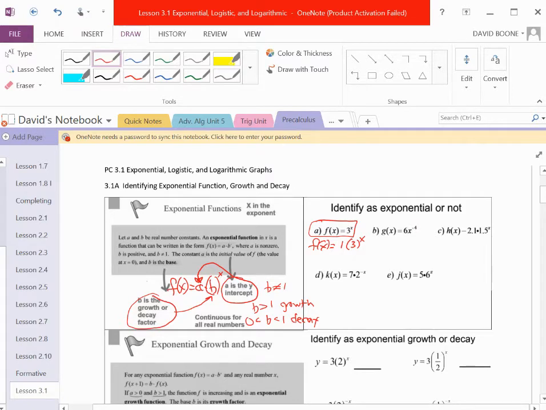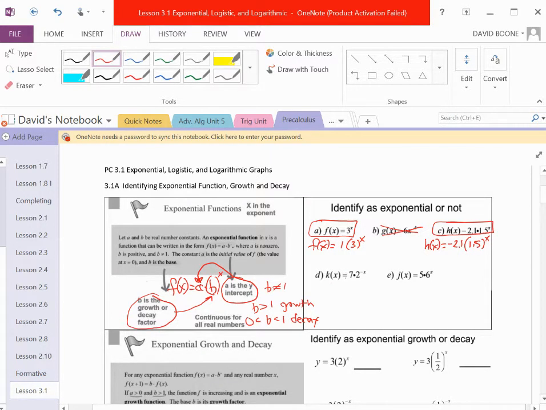This one is not, because the x is not in the exponent. This one right here, we can parse it out a little bit. This is h of x equals negative 2.1, that's the a value, times 1.5 to the x. That certainly is. It'd actually be a growth model.